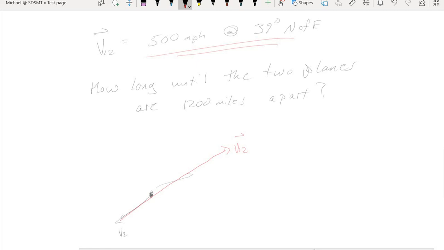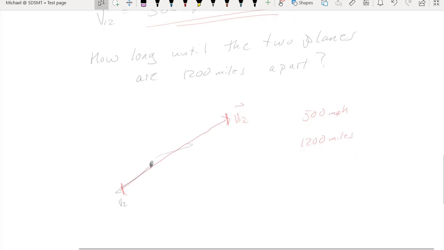And so what we need to figure out is, as we travel at a rate of 500 miles per hour, how long is it going to take to cover a distance of 1,200 miles? Well, that becomes a pretty basic arithmetic expression.